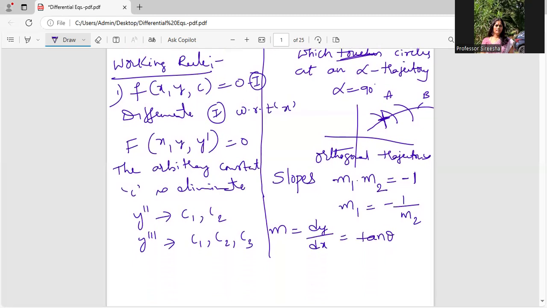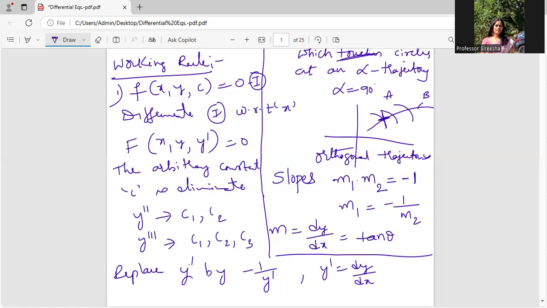Once I have differentiated it, next I want an orthogonal trajectory for this. So what I will do is replace y prime by minus 1 by y prime. What's my y prime? y prime is nothing but dy by dx, guys.